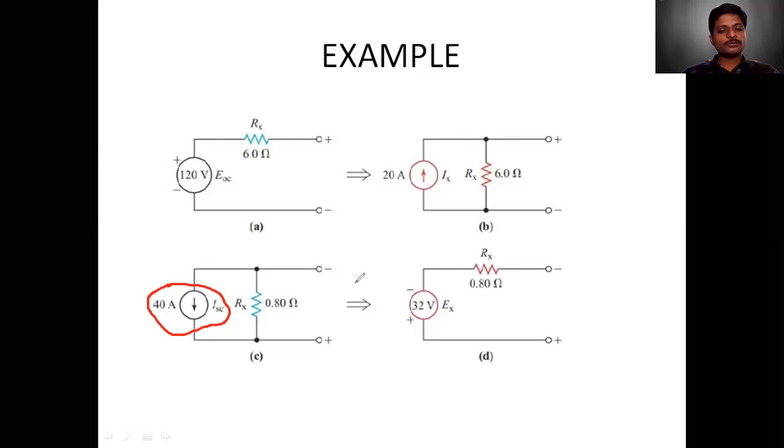Again, using Ohm's law, you can write voltage V is equal to I into R. Current I is 40 and resistance R is 0.80. 0.80 into 40 will give you 32 volts. Therefore, you are representing a voltage source now after conversion. Therefore, in series, you have to write the resistance value.